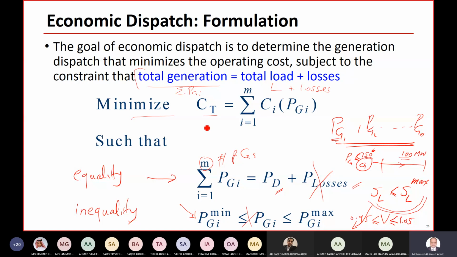We have the objective function: we need to minimize the cost, assuming that our total generation equals the total demand. This is the simplest formulation of the economic dispatch problem, with a cost function and very simple equality constraints without incorporating any network or generator limits.